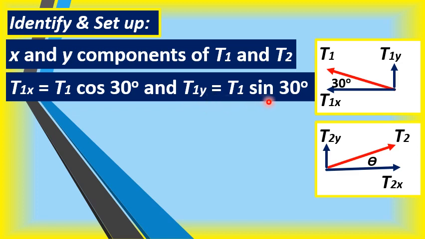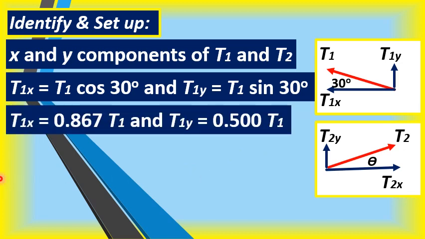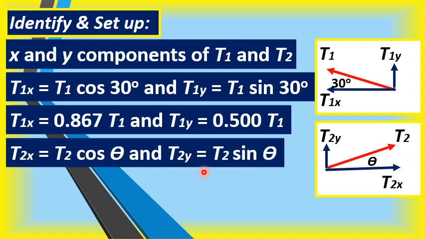Simplifying, T1x is equal to 0.867 times T1, while T1y is equal to 0.500 times T1.